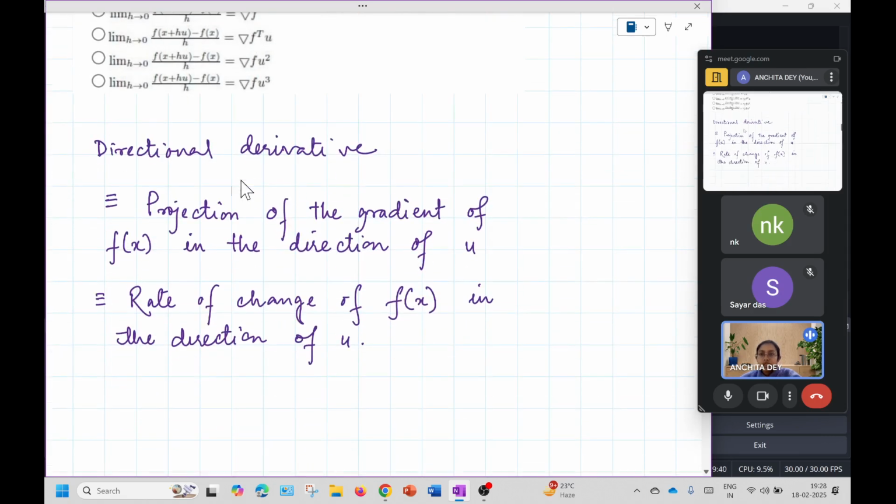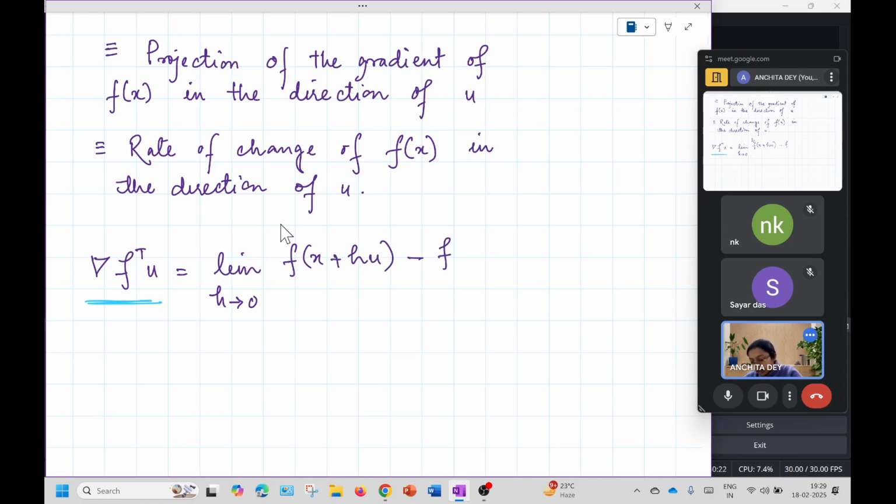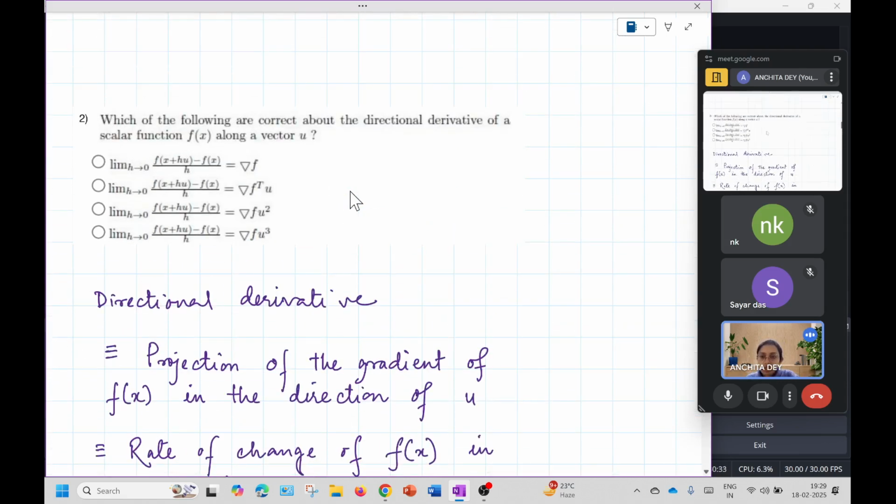If you remember the notations that we had, we can simply do this: grad f of x in the direction of u, which, if we follow the definition, will simply be the limit as h tends to 0 of f of x plus h u minus f of x, divided by h, and that gives away your answer. I hope this option is there. Yeah, it's there.